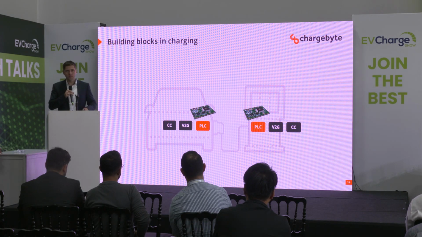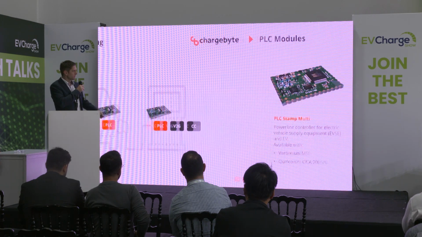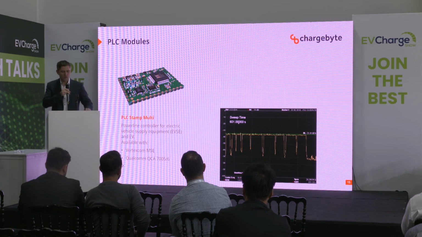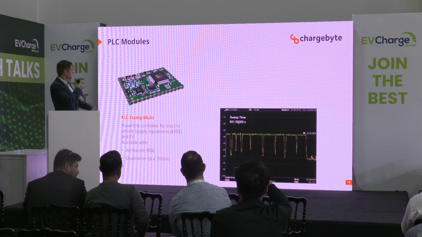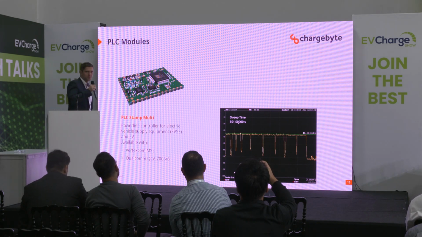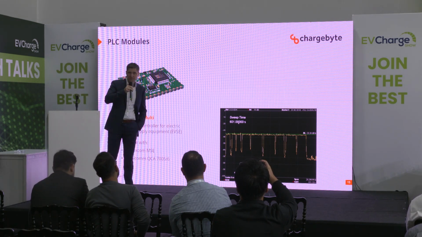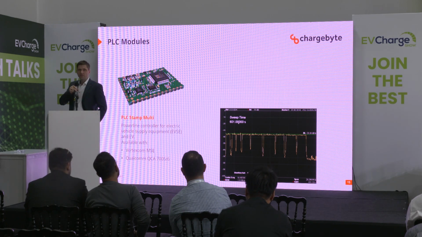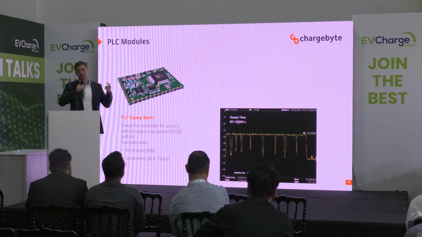So for the power line communication, for example, we are having power line stamps. It has now a Vertexcom on it. We're also shipping that with a Qualcomm, with a QCA, and you interface that via SPI. It's relatively easy.